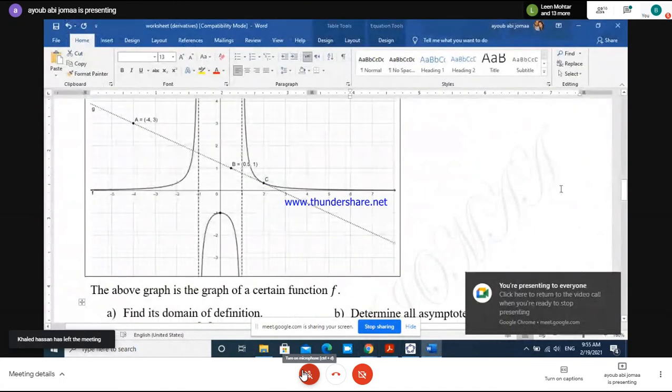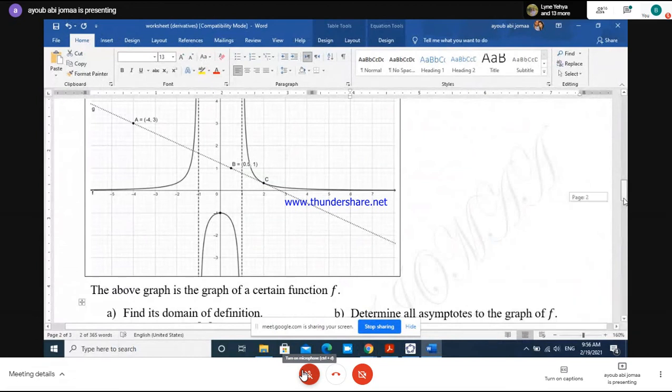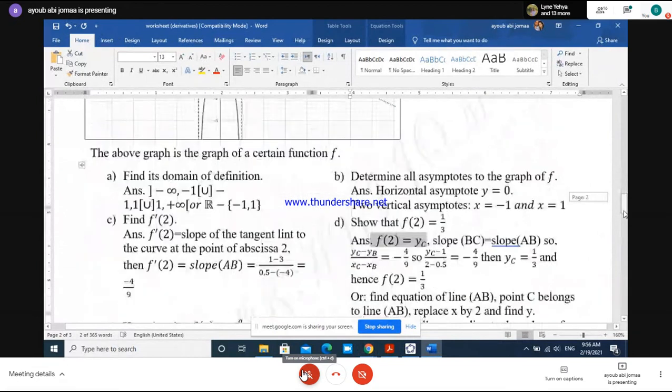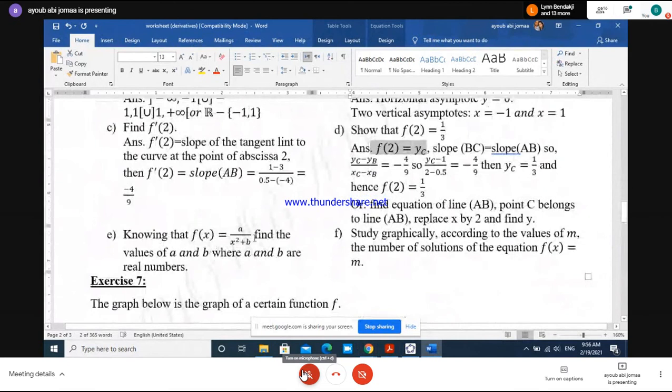Okay, pay attention a little to the exercise and the way we think about it. The question here, the function is equal to a over x squared plus b. The number of unknowns here, a and b, we have two unknowns. Keep it in your mind, in such types of questions. Number of unknowns, 2.